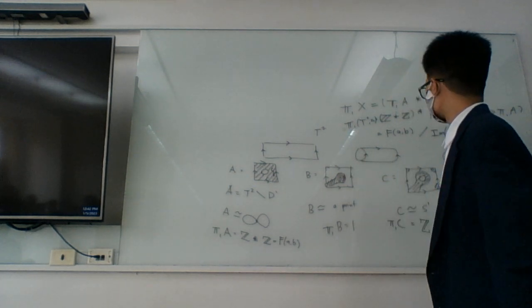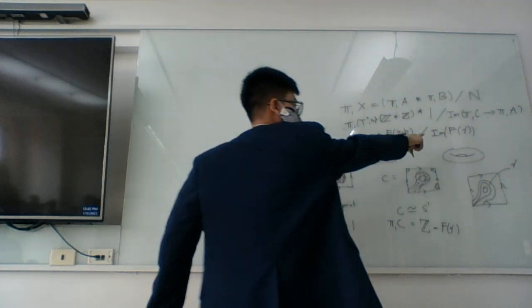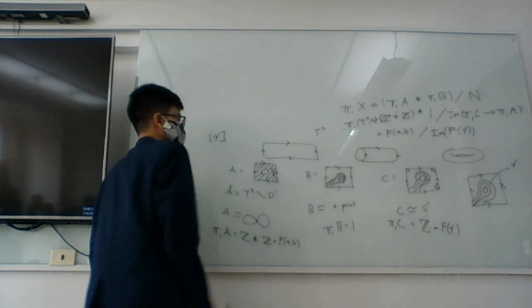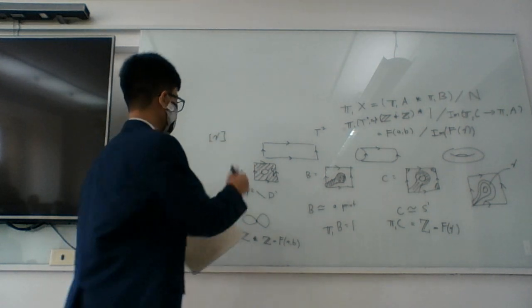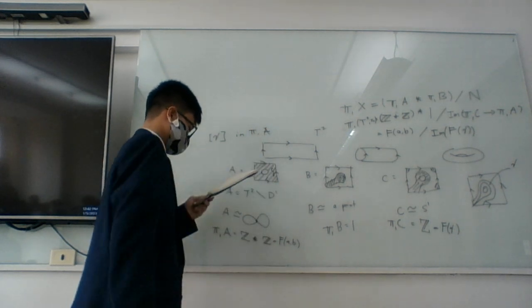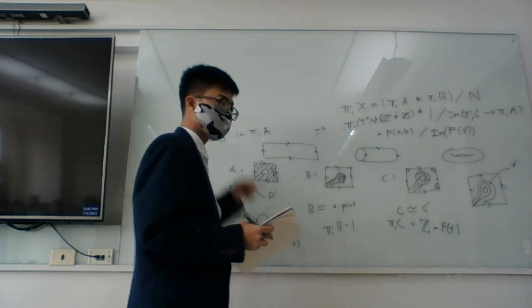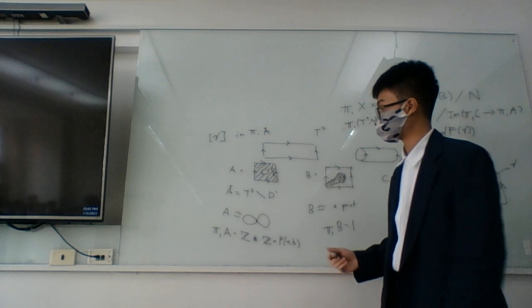So not only is gamma a curve, but it's also a class of curves that are in the fundamental group of A, and this actually represents a full travel along the boundary of the identification space.